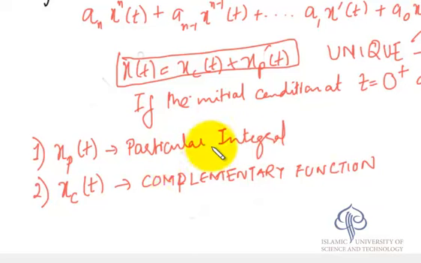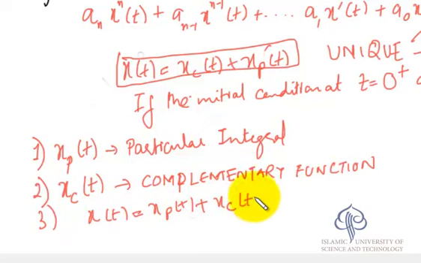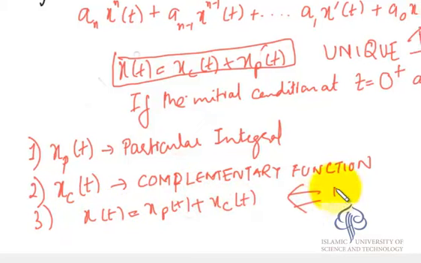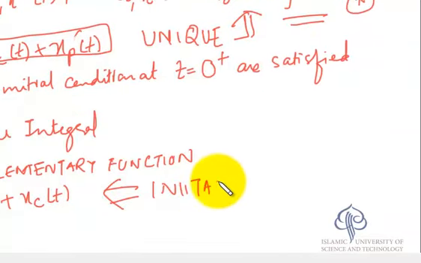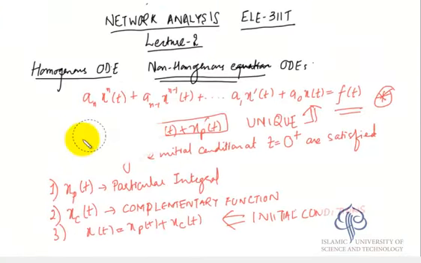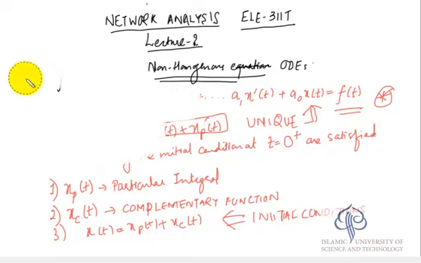So you find the particular integral, you find the complementary function, you write down the solution as the sum of the two, and you make it unique by substituting the initial conditions. So these are the steps that are needed to solve a non-homogeneous differential equation. Many of these you have done before, but still, to make this clear, we're repeating it.